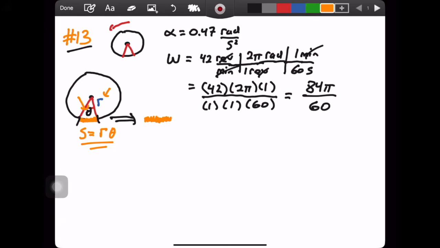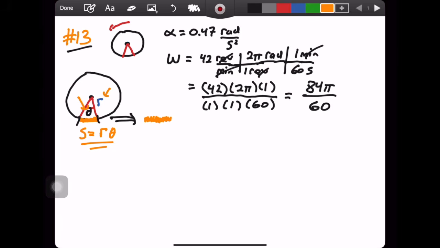And once we have a linear S, all of the same equations for constant acceleration that we used for kinematics in one direction or kinematics in two directions, we can also use for rotational kinematics. So let me give you a prime example here.